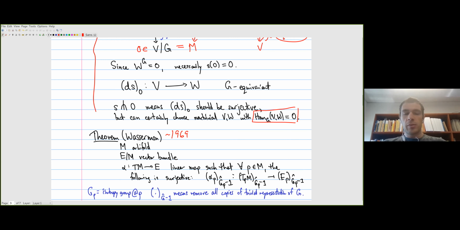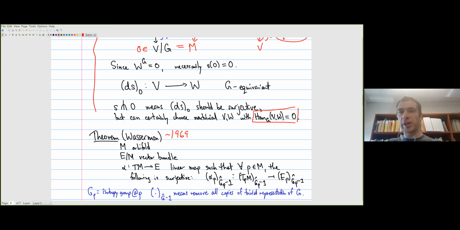So this condition is a purely orbifold condition. It's only non-trivial at the points where the isotropy group is non-trivial. If M is a manifold, G_p is always the trivial group, so all representations of the trivial group are completely trivial. And so this map is simply the zero map, from 0 to 0, and it's always surjective when G_p is trivial.